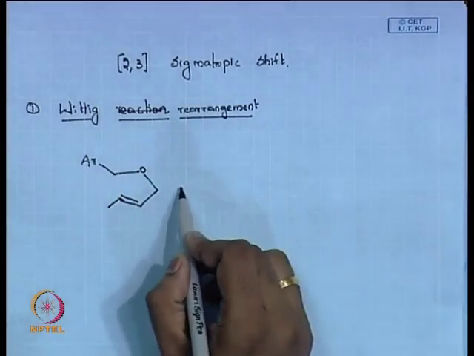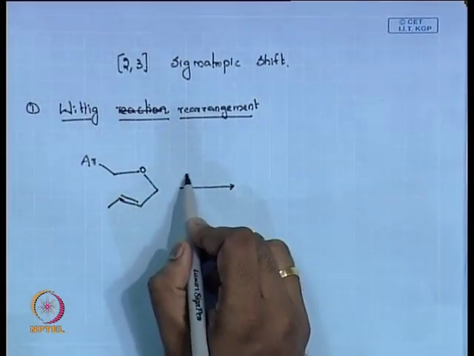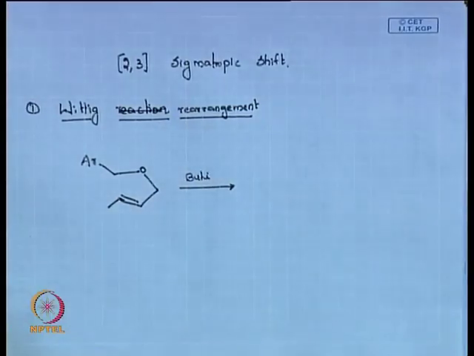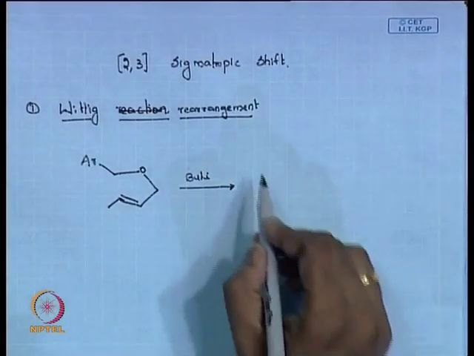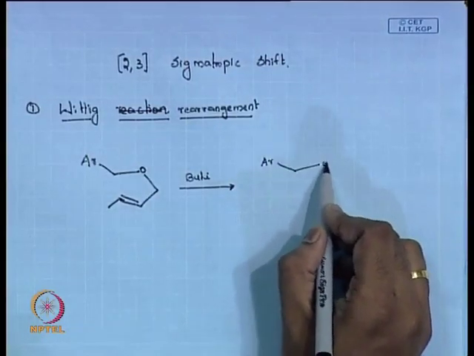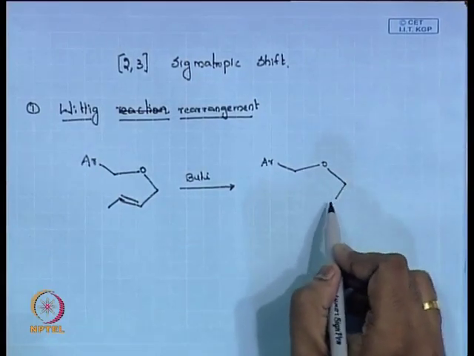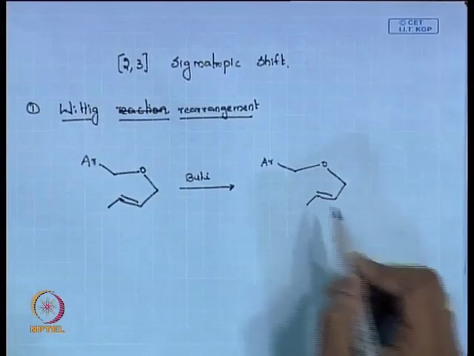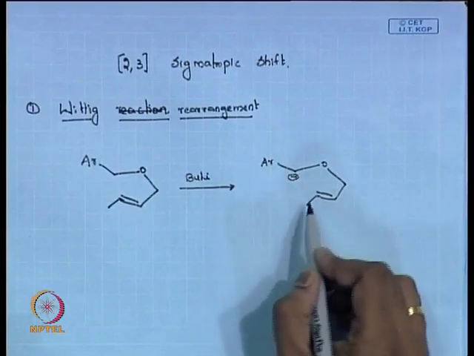Yeah, that is good. So, if I put butyl lithium, I can generate a carbon anion, right.